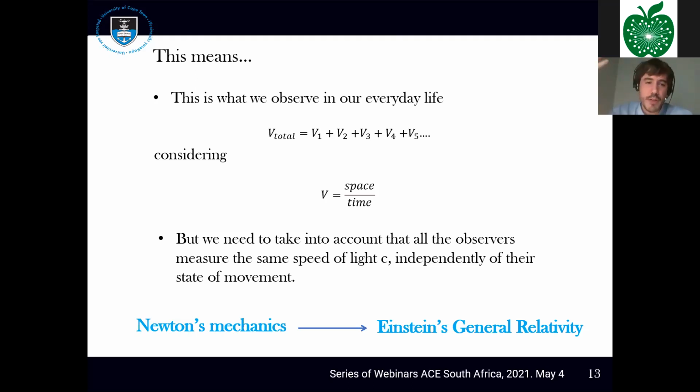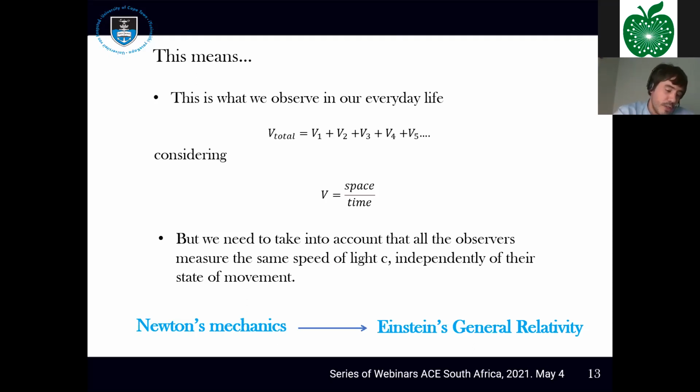But remember also the situation I told you in the second case. We need to take into account that all the observers measure the same speed of light independently of their state of movement. Okay, so to the Newtonian idea we had about the addition of velocities, we have to also include the second situation.